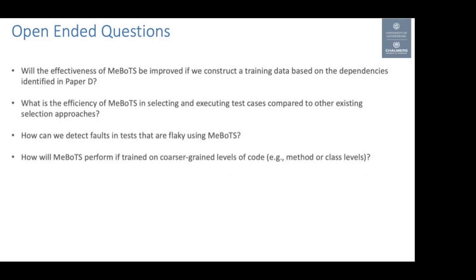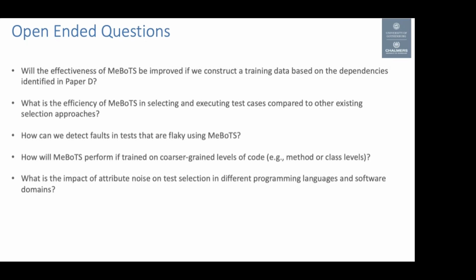And then an open-ended question is whether MeBoTS can operate on a higher level of abstraction. So will MeBoTS be more effective if we trained it on a coarser grained level of code rather than fine grained level? So that's also another open-ended question.